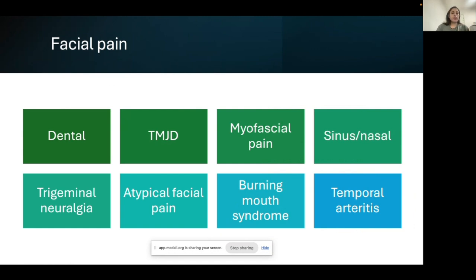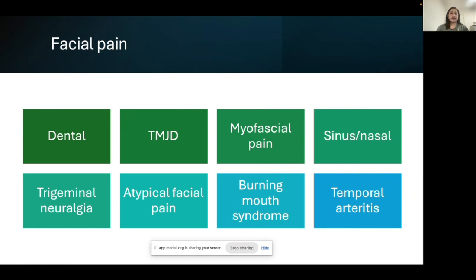Trigeminal neuralgia is well localized pain in one of the distributions of the trigeminal nerve. It causes sharp shooting pain, lightning-type pain they say, lasting a few seconds, and it's often described as the worst pain ever.